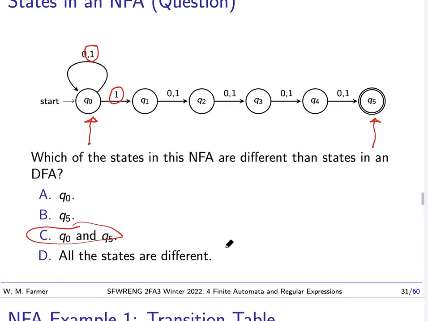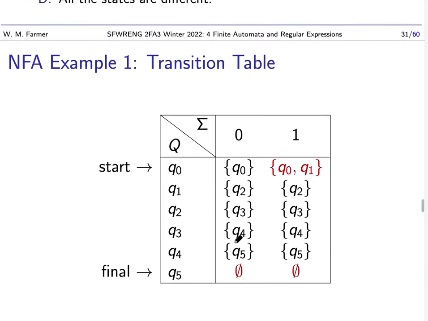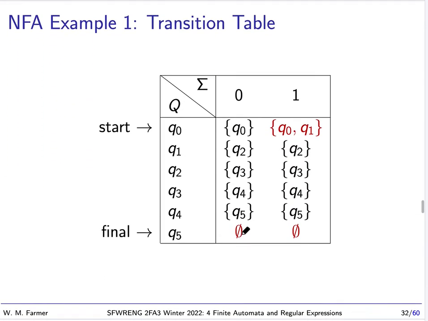C. Here's the transition table for this NFA. Here we have the 6 states, and these are the members of our input alphabet. For each state and each input symbol, we have a set of states.